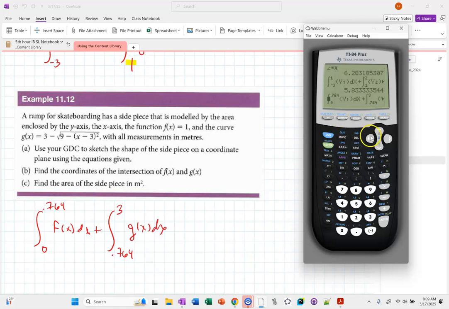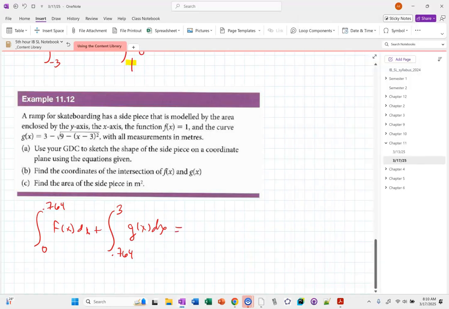Oops, I meant to press enter. So I get about 1.45. What do you guys think? It's okay.